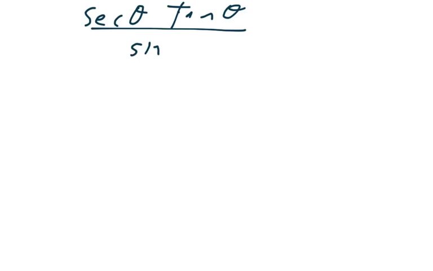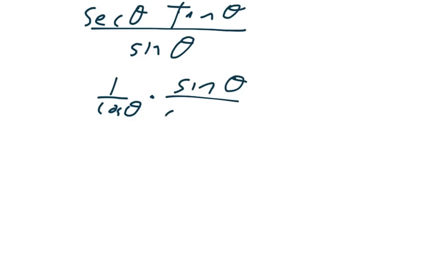Problem number 8 has another one. Secant theta, tangent theta over sine theta. So 1 over cosine theta times sine theta over cosine theta divided by sine theta.